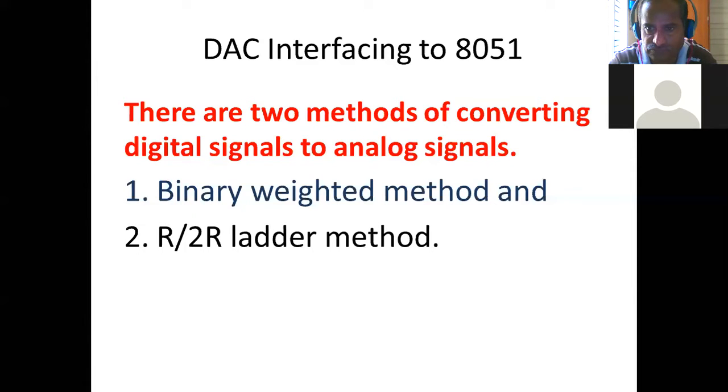So we have two types of DAC: one is the binary weighted resistor type, another one is the R-2R ladder method.